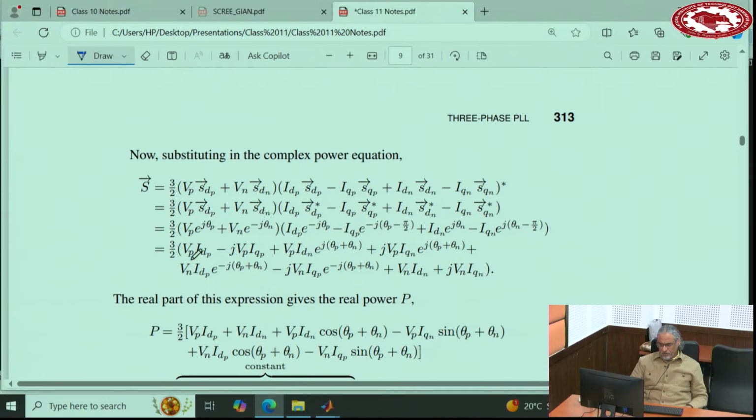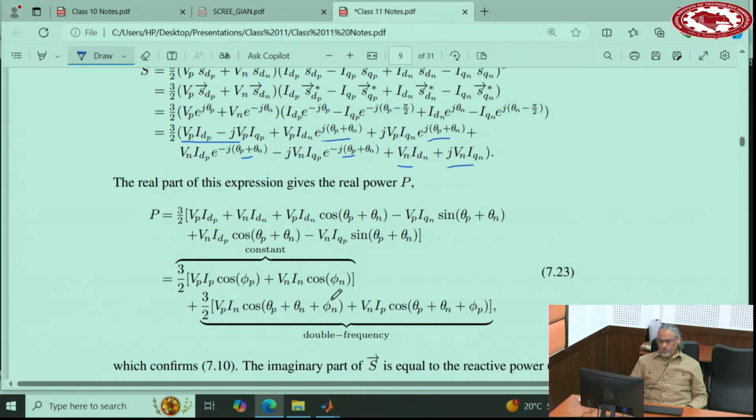eventually a bunch of constant terms and a bunch of terms that have double frequencies. You see, double frequency, and this is again constant, constant. So all those constant terms merge together, plus double frequency, real parts.